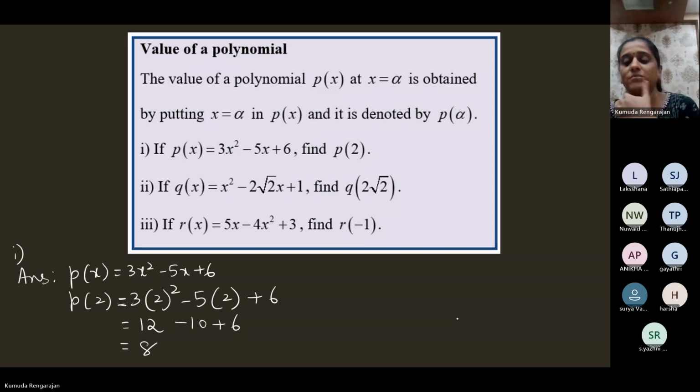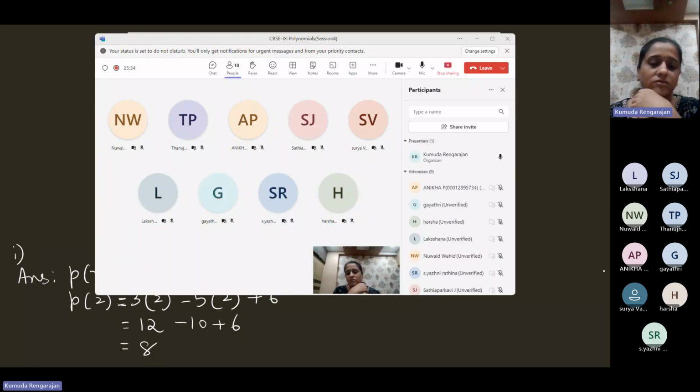Correct. But who's this in the name Satya Parkavi? I don't know the student's name. Maybe your parents' name there. So who's this? Okay.